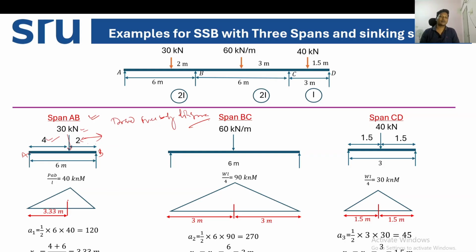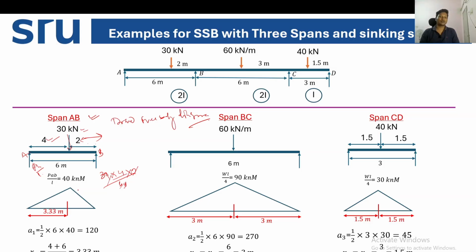In that case, what will be the bending moment? It is the same way as we have discussed earlier. The support reaction will be Pb by L, so Pb by L into a. P is here 30 kilonewton, a is your 4 meter, and b is your 2 meter, divided by 6.